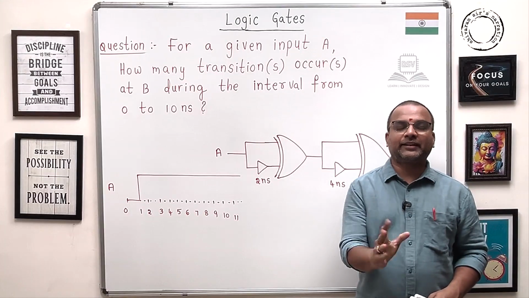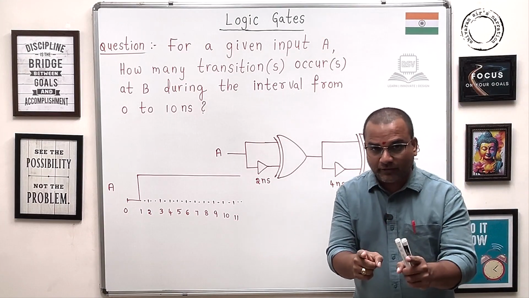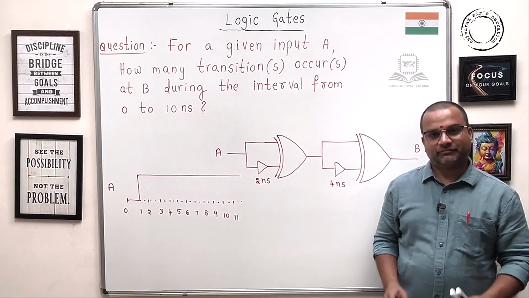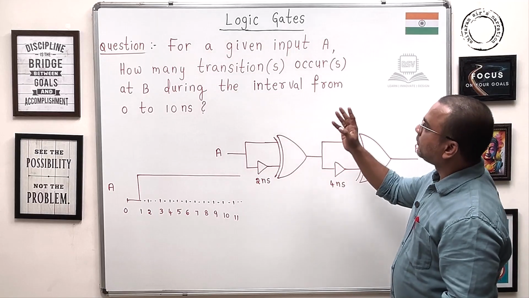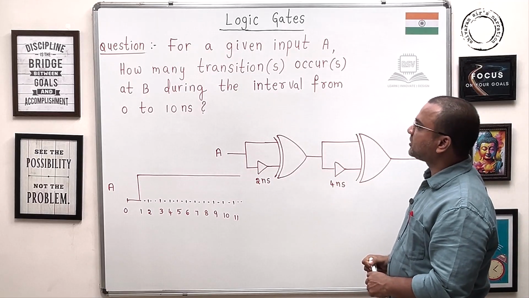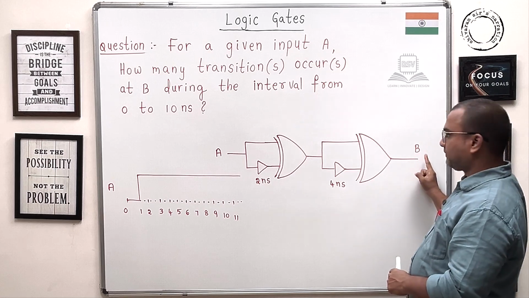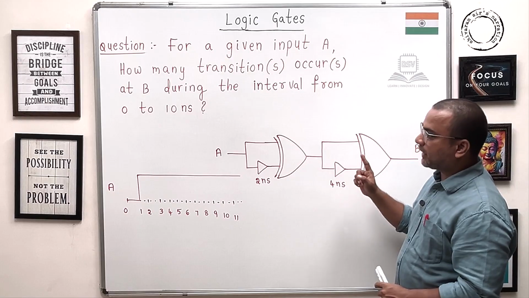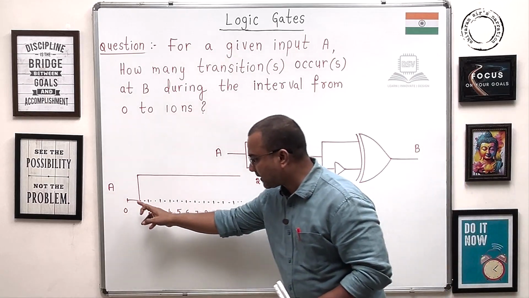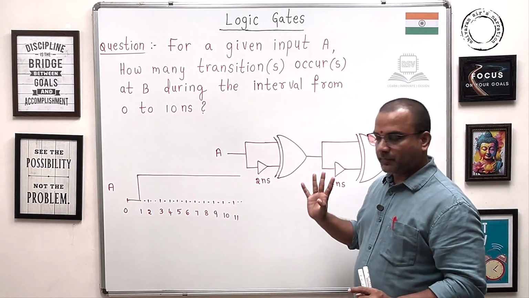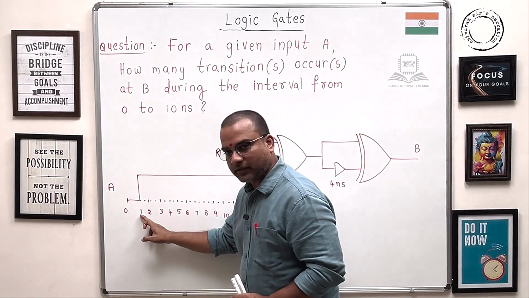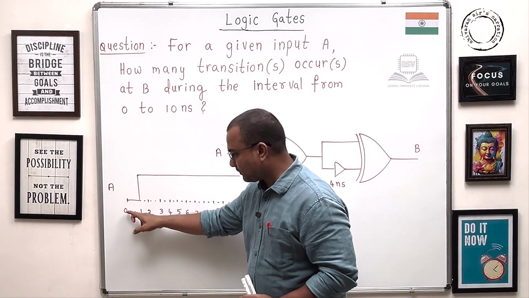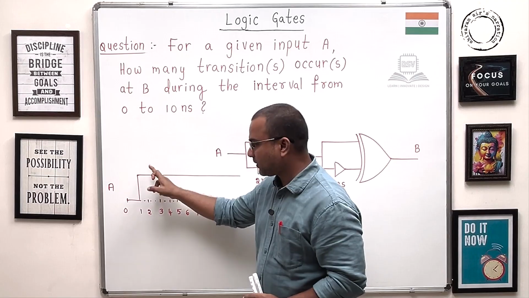Let's have another design challenge in terms of propagation delay. For a given input A, how many transitions occur at B during the interval from 0 to 10 nanoseconds? This is the given input. Means at 1 nanosecond the input is shifted from logic 0 to logic 1.